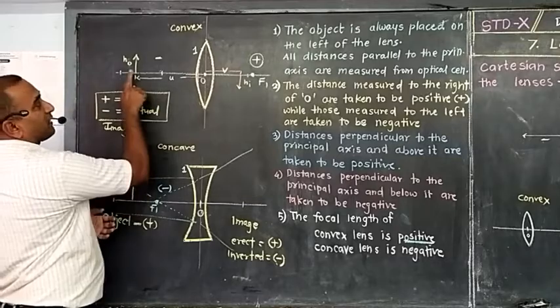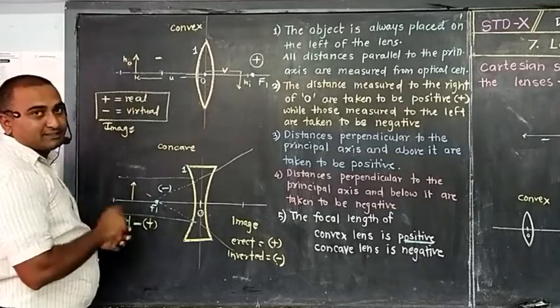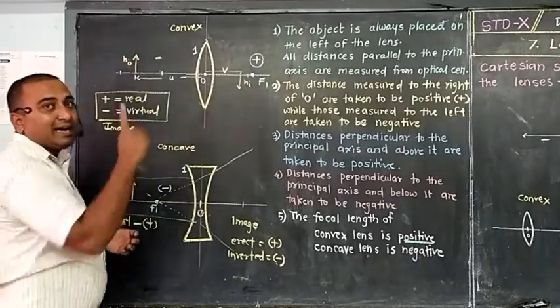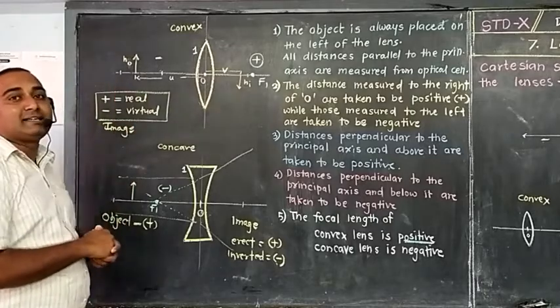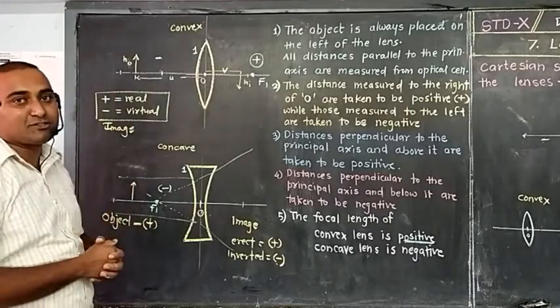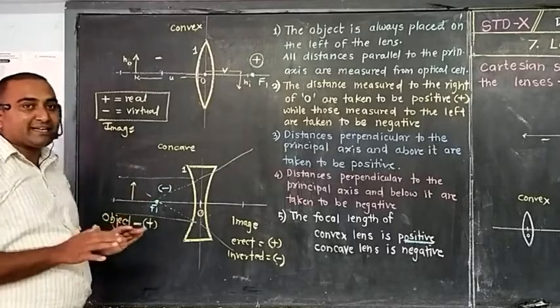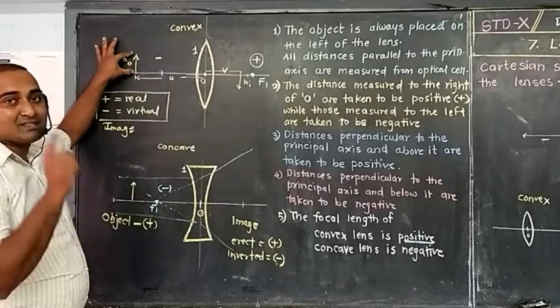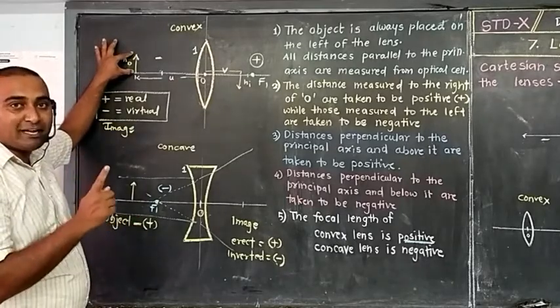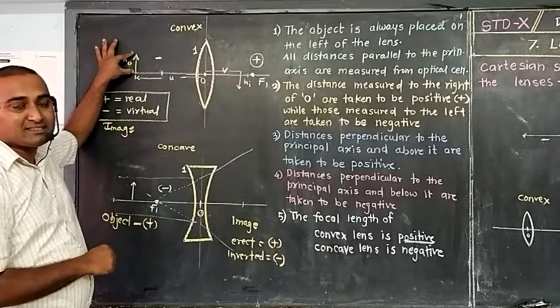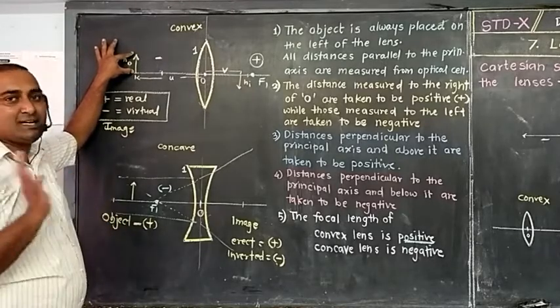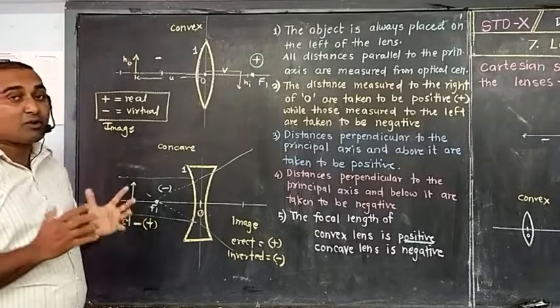Then distances perpendicular and above are measured as positive. From that we get the conclusion: we always place the object perpendicular and above the principal axis, so the object height is always positive. But what about images?